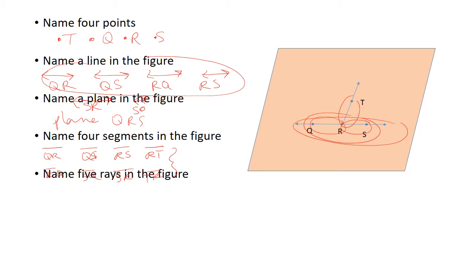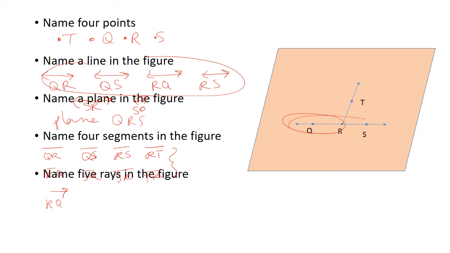Name 5 rays in the picture. All right, so let me erase some of these lines so we can see it better. A ray has to have 2 points to it, and it's going to have an ending point. So that would be 1. So we could say ray RQ.